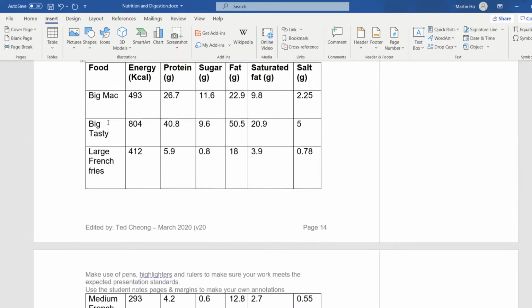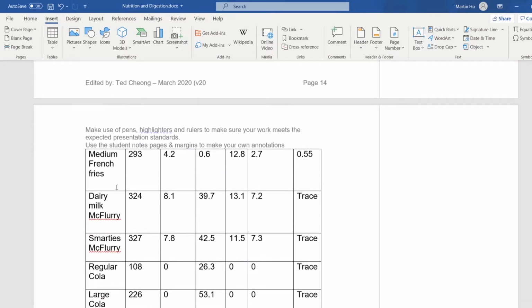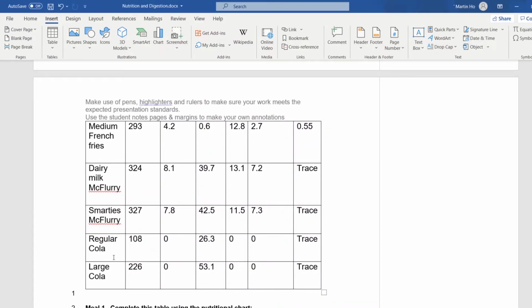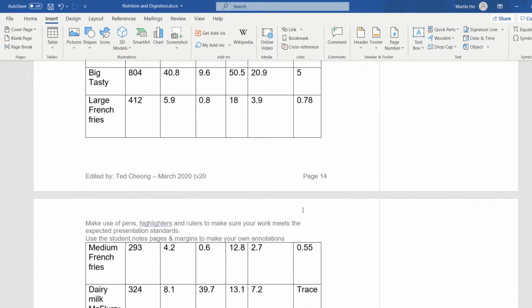Of course, we have our Big Mac, the Big Tasty, large French fries, medium French fries, McFlurries, as well as regular and large colas. And this is broken down to a bunch of different categories or nutrients. We have our energy value in calories. We have the amount of protein in grams, the amount of sugar, fats, saturated fats, and lastly, salt.